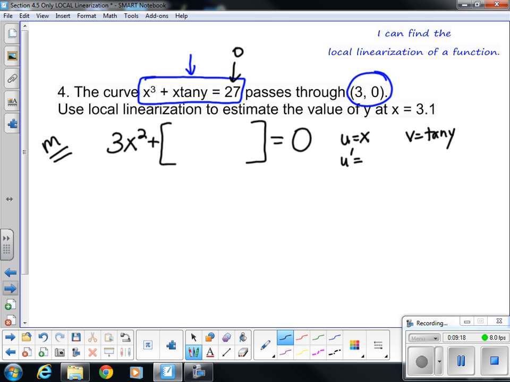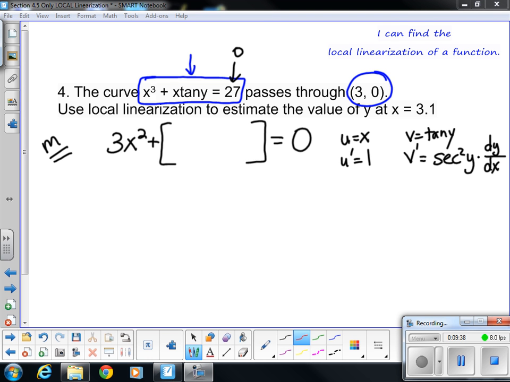Derivative of u equals 1. And the derivative of v equals, the derivative of tangent is secant squared y, and we also have to multiply times the derivative of the inside, which is dy dx. So let's write this product down.